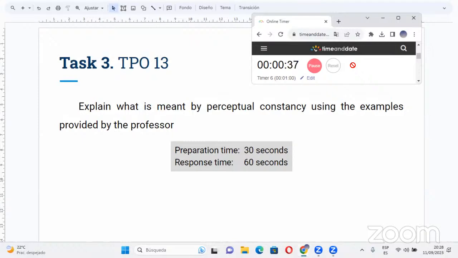If you look at the plate face on, it will be a perfect circle. But if you look at the plate from another angle, it could change the shape. It would be oval. So in summary, this is a glaring example of the perceptual constancy.